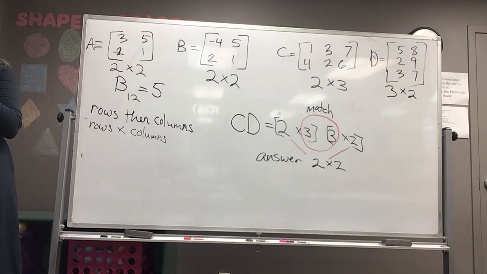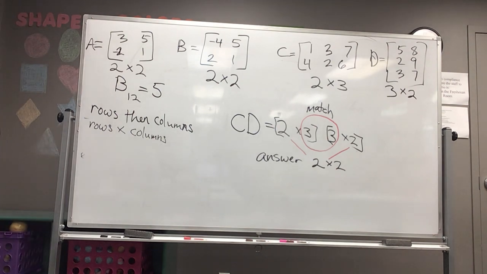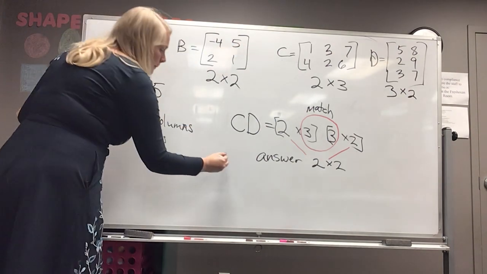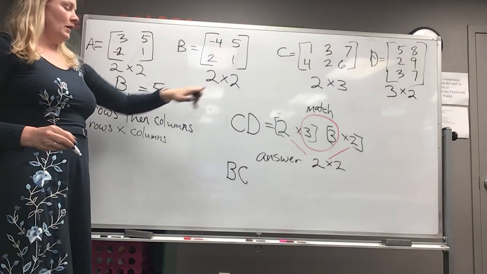From the looks I'm seeing, this is still kind of very new for you guys. Am I going too fast? Okay. Another example. Let's do B times C. B is 2 by 2.